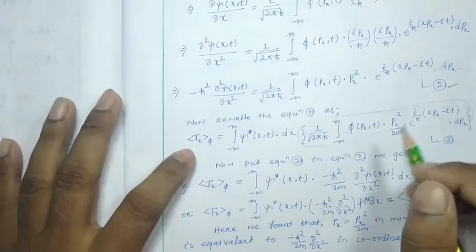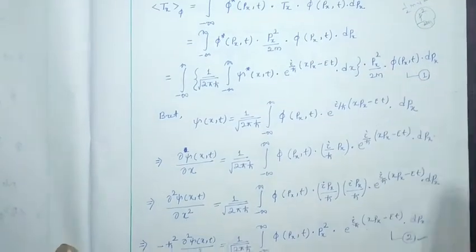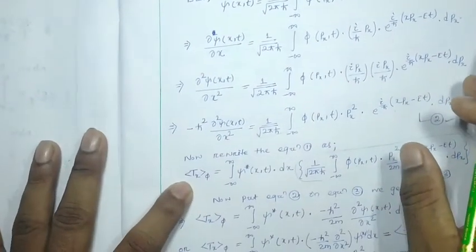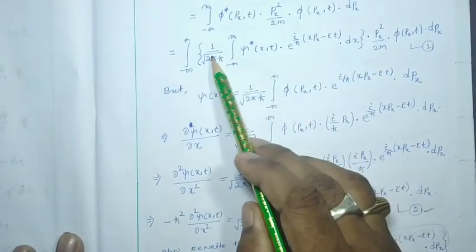Now we have to rewrite the equation in this format. Actually this is our equation number 1. I have to write it in a systematic manner: I take psi star(x,t) dx outside the integration.